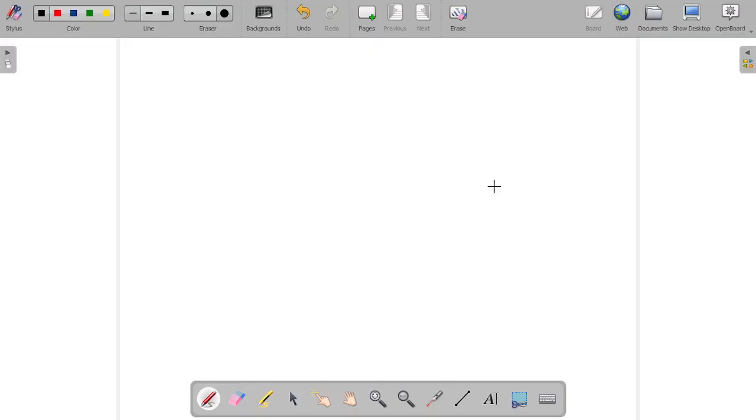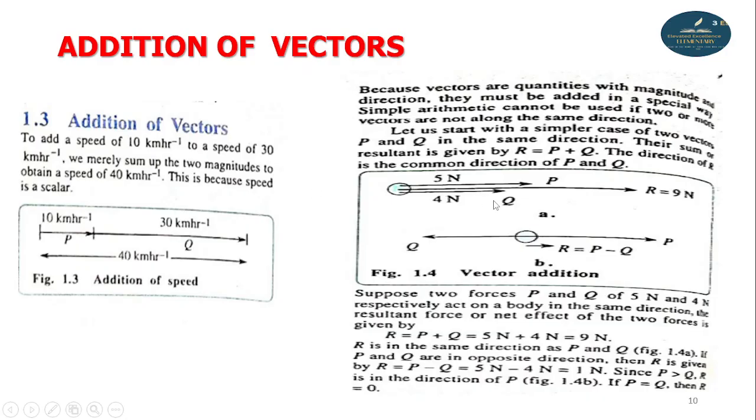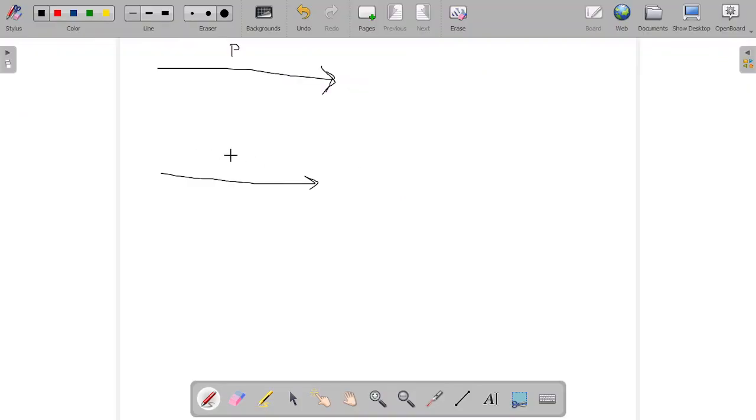As stated earlier, a line and an arrowhead are used to represent a vector. So when we have this as vector P and another as vector Q, and they act in the same direction, perhaps on a body, how do we get the resultant?